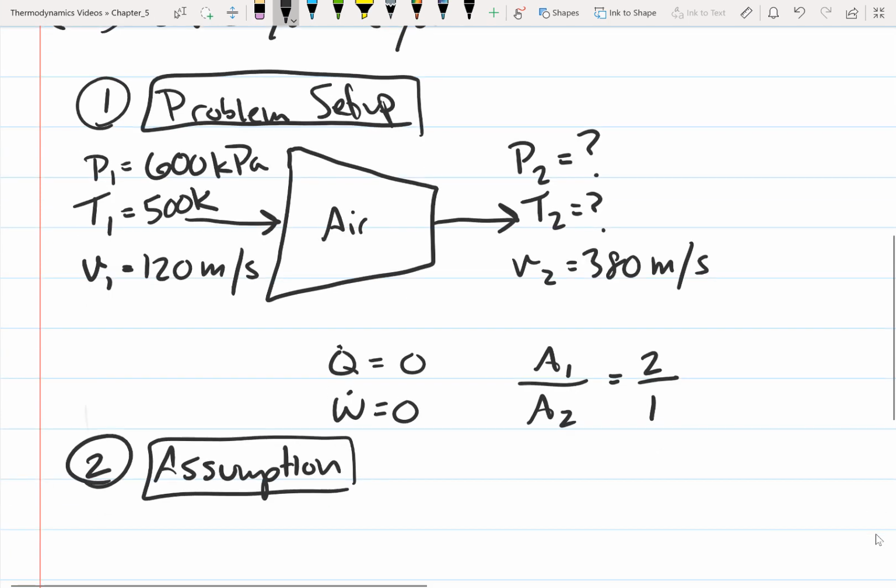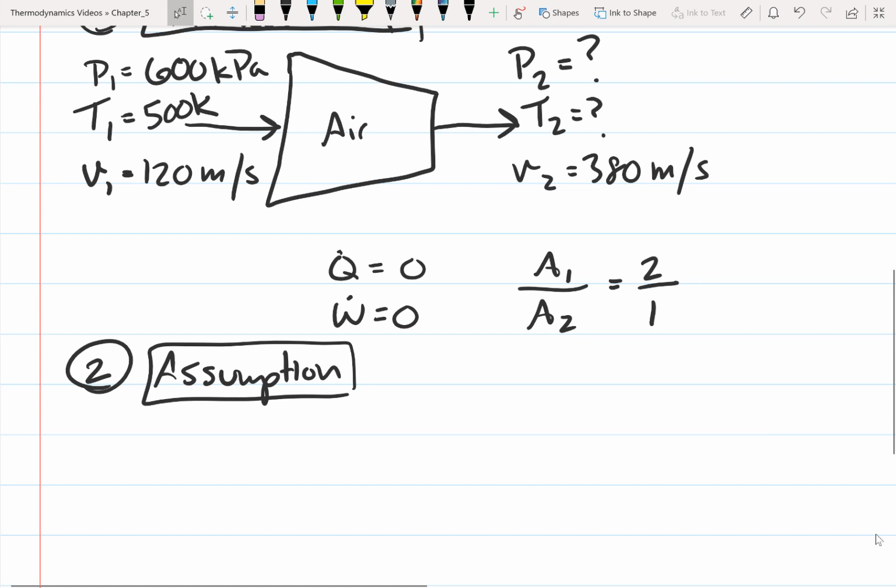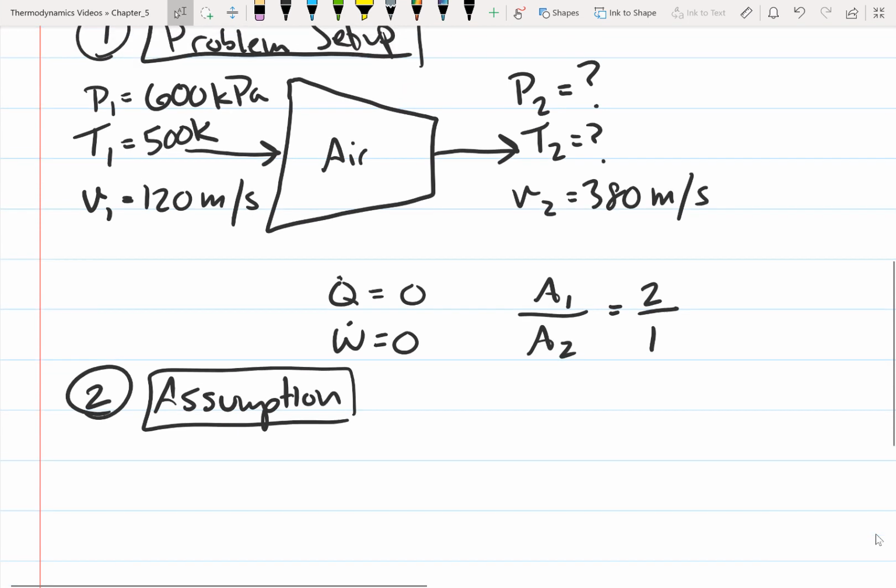All right, so let's go through some assumptions we can make. First of all, this is a nozzle, and the problem statement hasn't said anything about it being in a startup or shutdown phase. That basically means that the mass flow in has to be equal to the mass flow out. So we're going to assume steady flow. So m dot 1 is equal to m dot 2 is equal to m dot.